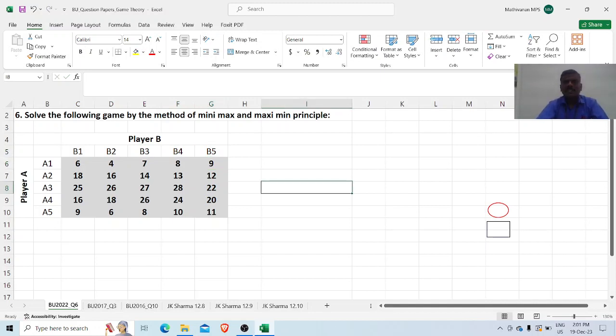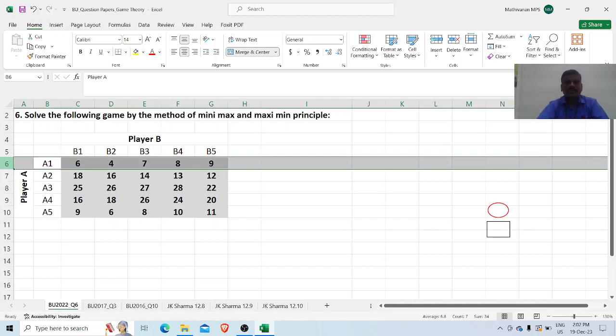When we look at the payoff matrix, we will first look at this matrix from the point of view of player A. When player A is using the first strategy, look at the values, all are positive. That means when player A is using the first strategy, irrespective of the strategies used by player B, player A is going to win.